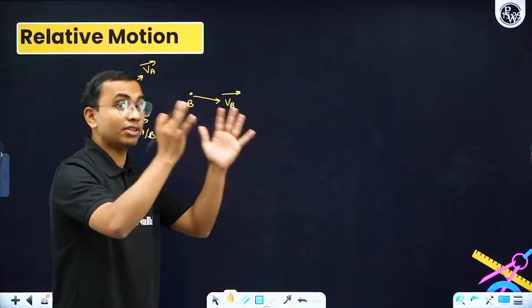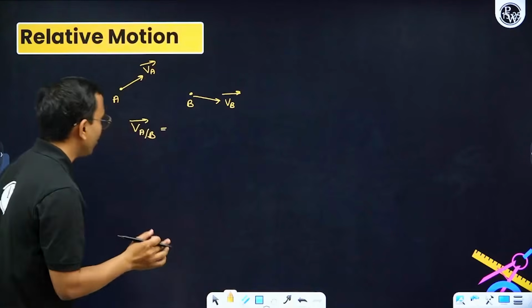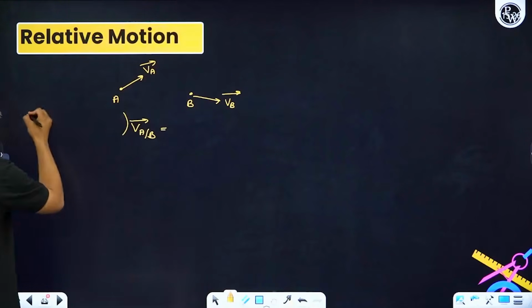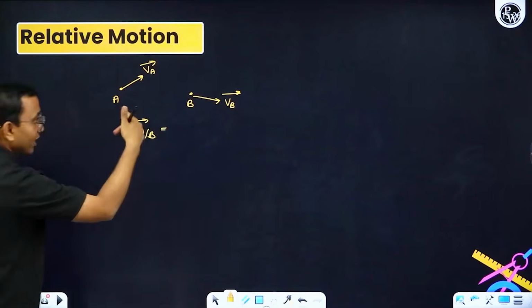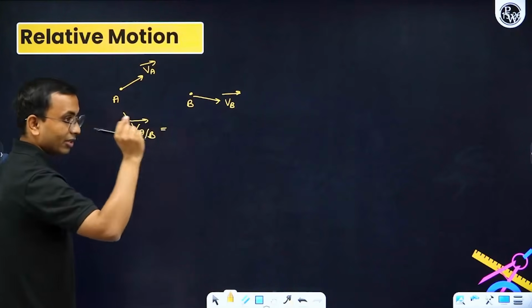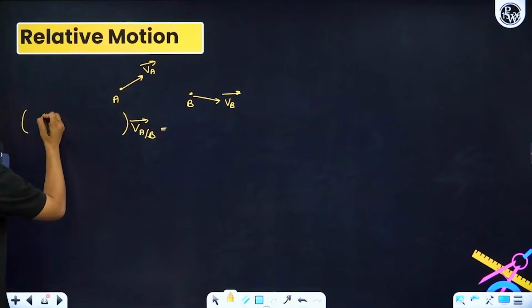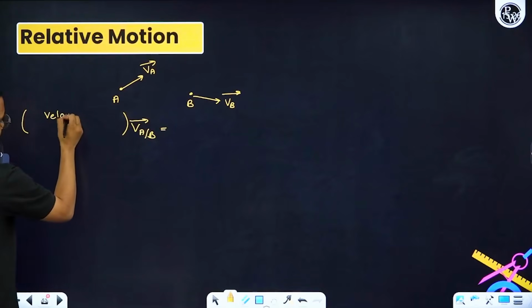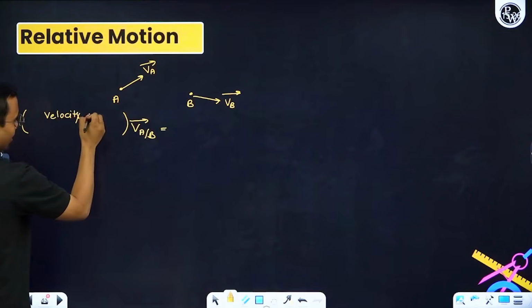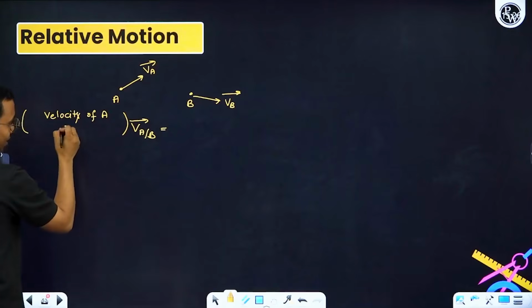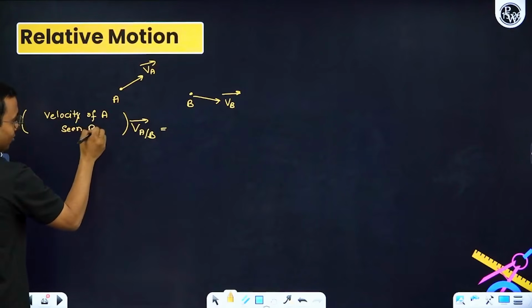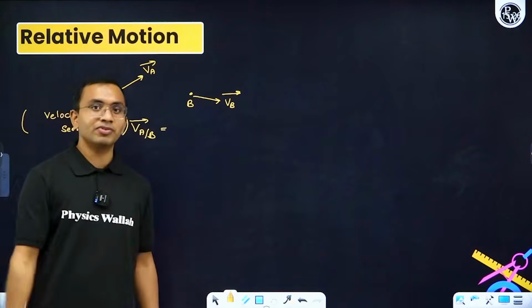B is seeing the velocity. It means the velocity of A seen by B. Because B is moving, we have to write it like this.